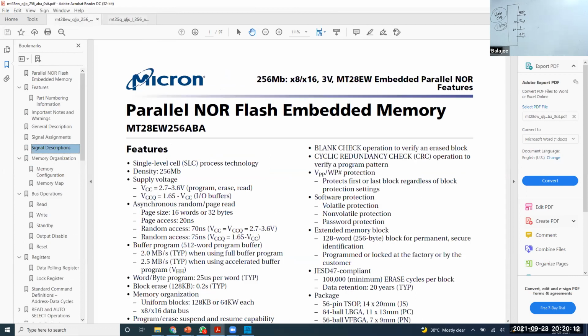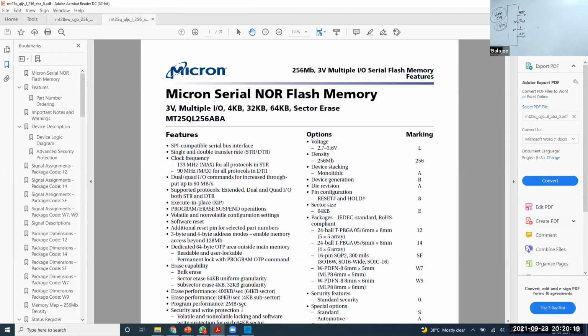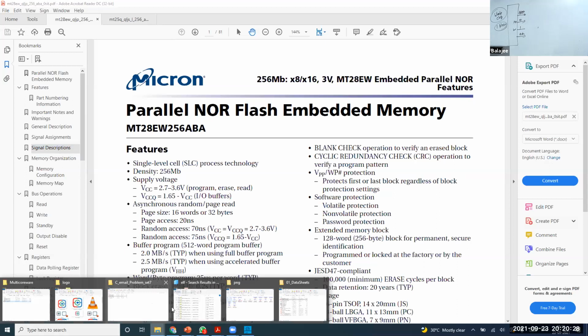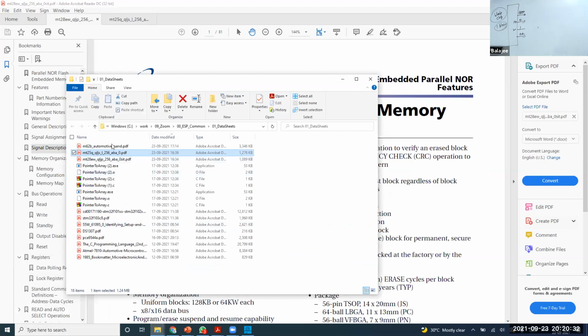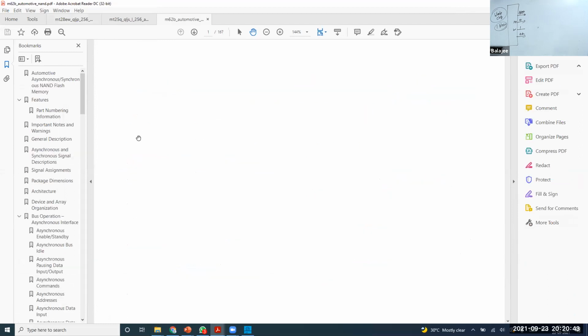That's correct. What am I doing now? Oh, that means I have not opened the NAND one. Let me. This is called NAND flash.